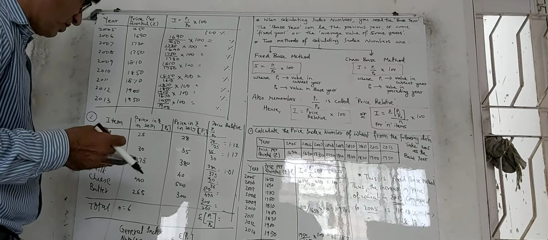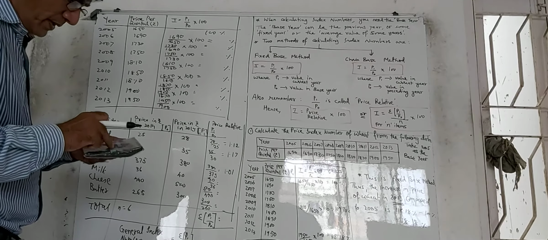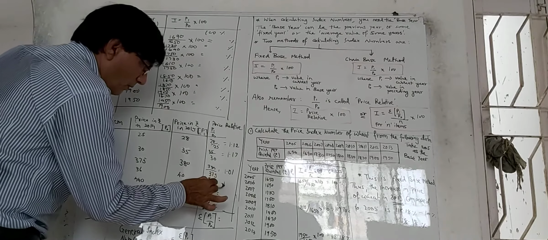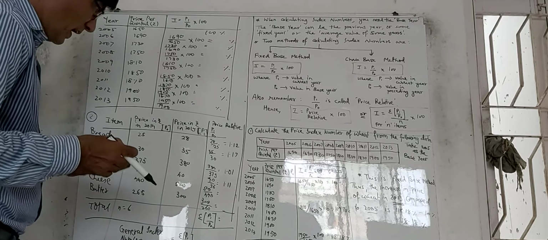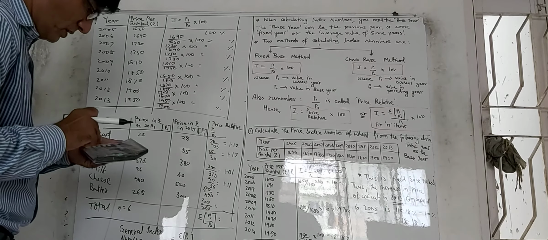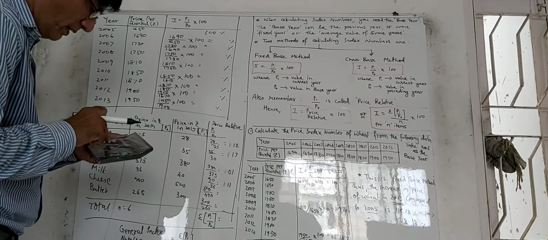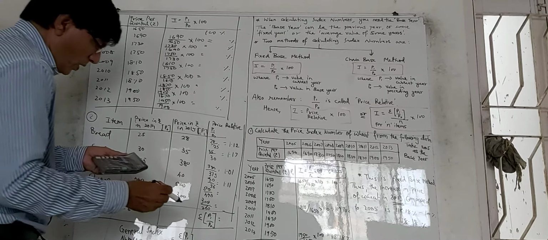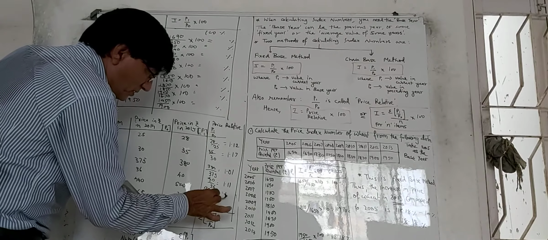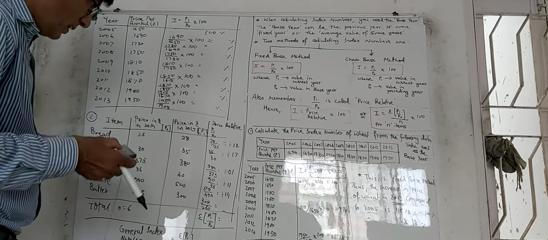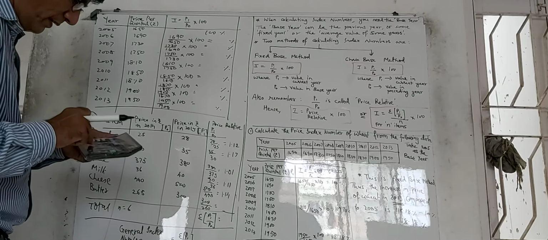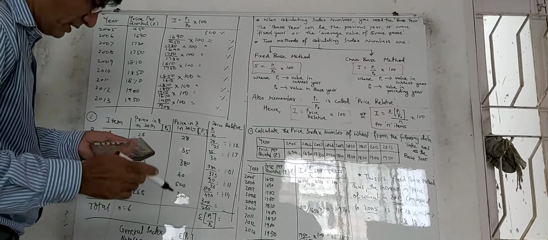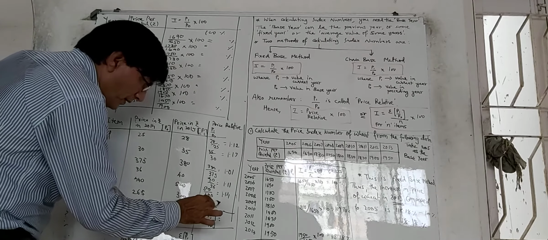Then 40 divided by 36 is equal to 1.11, and then finally 500 divided by 440 gives you 1.14 up to 2 decimal places. Then 300 divided by 265 is equal to 1.13.